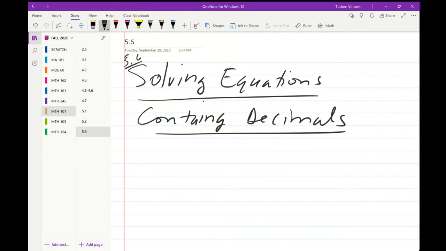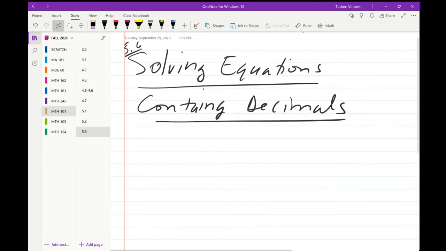All right, so this session is going to start with 5.6, solving equations containing decimals. So we'll be solving equations in the same fashion that we would if there were no decimals.